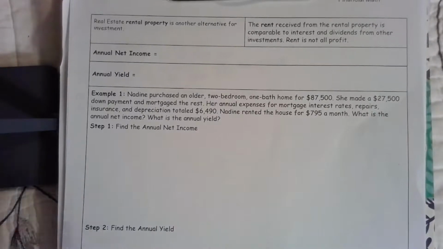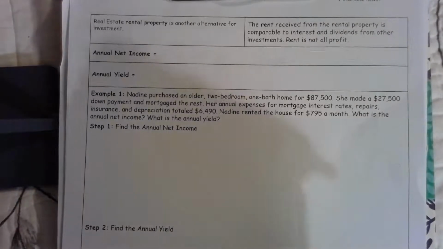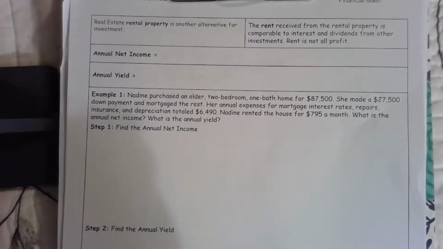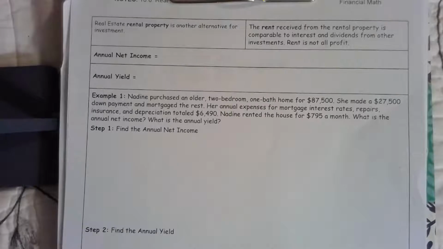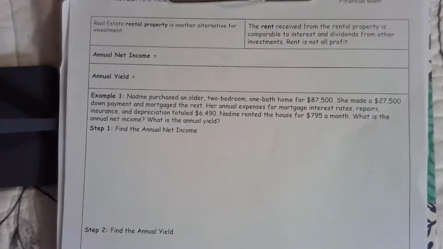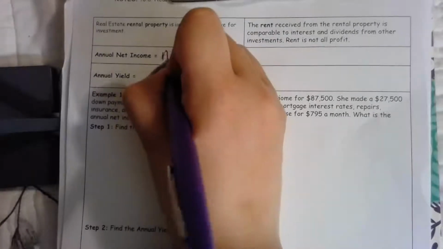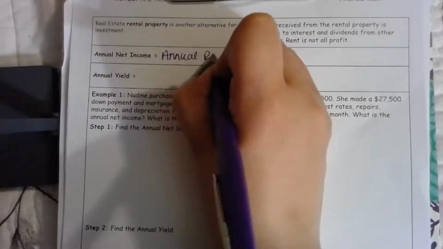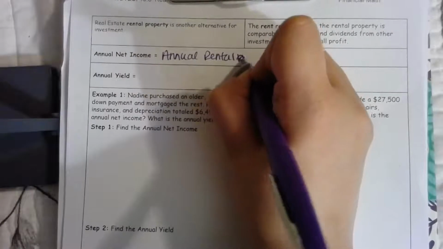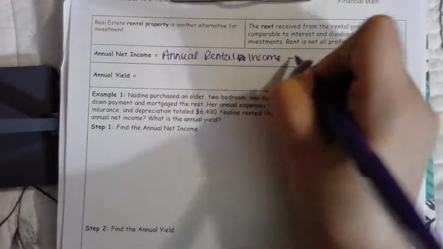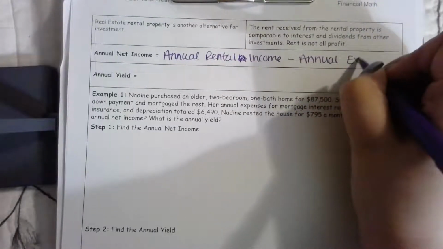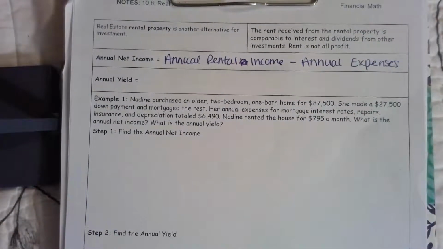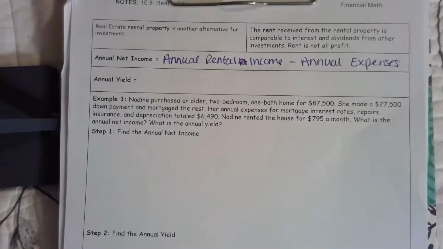To find your annual net income, you take your annual rental income and subtract your annual expenses. The money you're making off letting people rent your house is whatever the rent is per month, times 12 because you're doing it for 12 months, minus how much it costs you annually to keep that place.